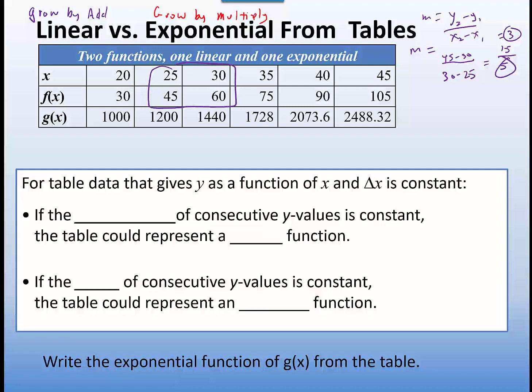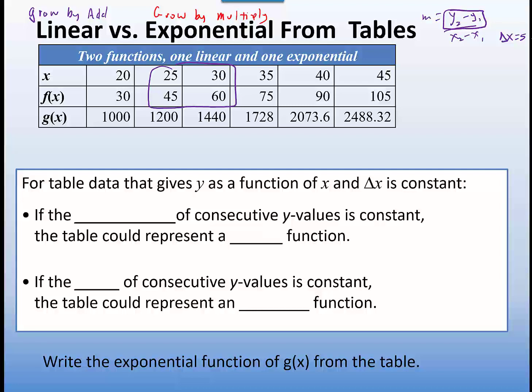So if I'm going to do the slope, I'm going to divide by 5. So when I do my study of this, because I have nice x's, I am going to concentrate on only the change in y. So we call this delta x. Delta x equals 5 every time. I don't have to worry about that.